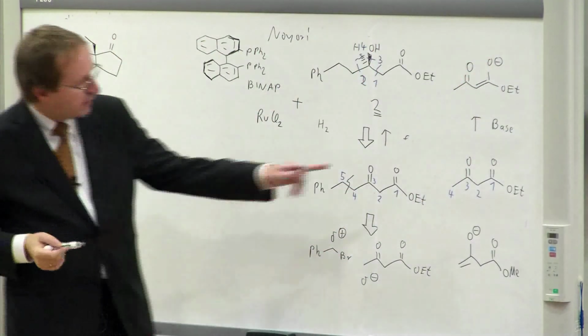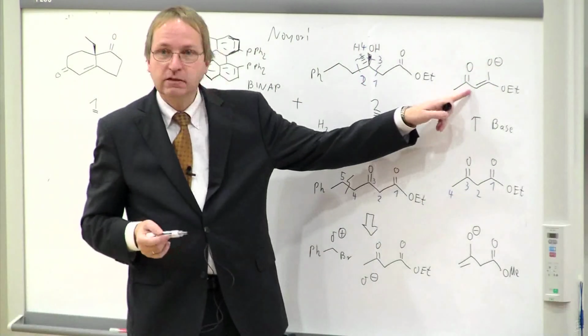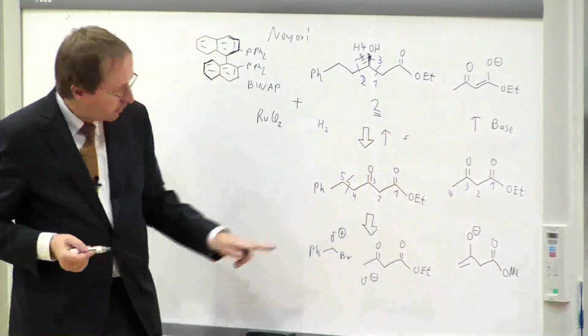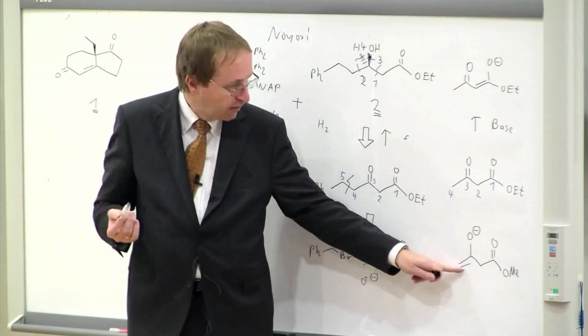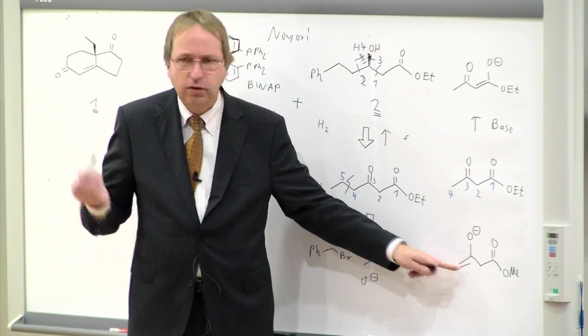So if we treat the ketoester with base, we get this enolate and not this enolate. But for our concept, we need this enolate. What can we do?